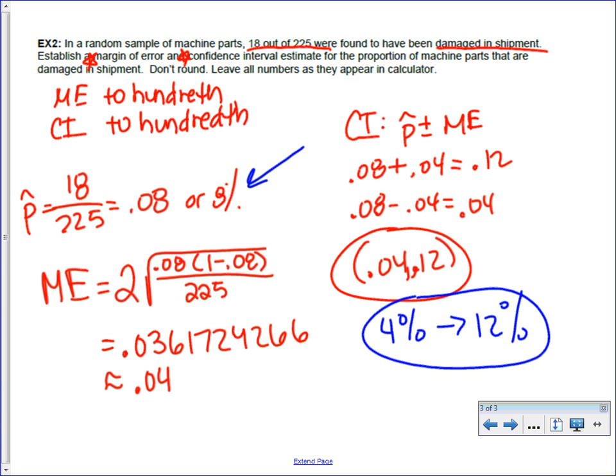You can expect that between 4% and 12% of machine parts get damaged in shipment. That is what our confidence interval allows us to do. It allows us to make a more accurate statistic, or parameter, we should say.